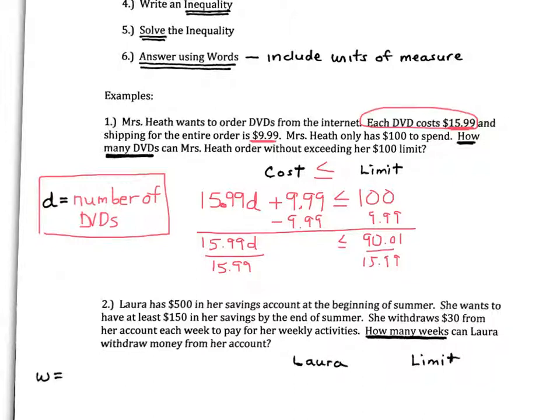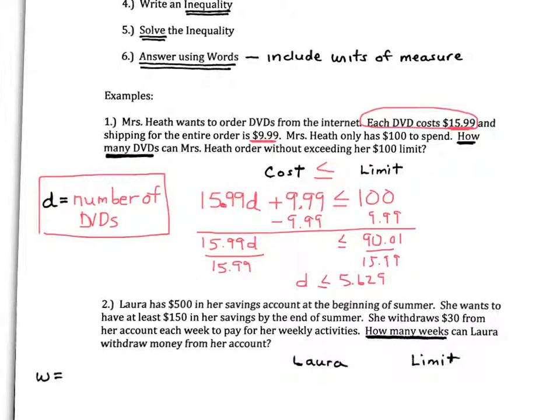And you get D is less than or equal to, and it turns out to be a decimal, 5.629. D stood for the number of DVDs. So the number of DVDs I can buy has to be less than or equal to 5.6.